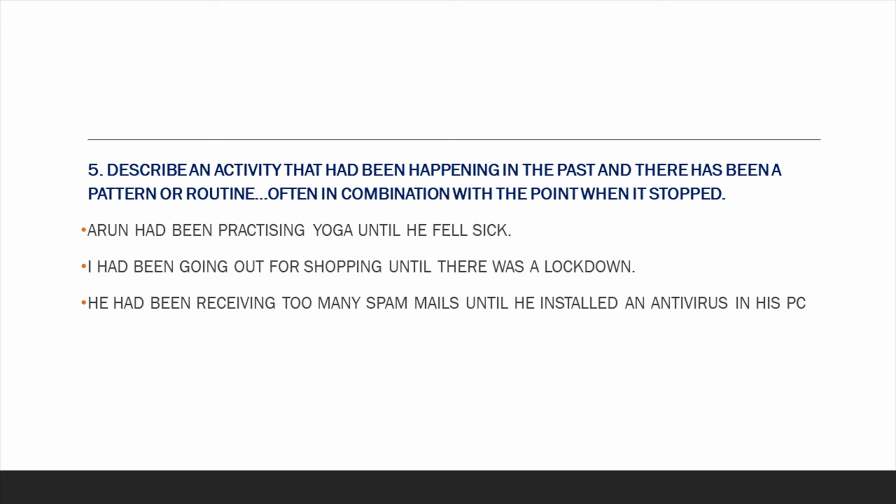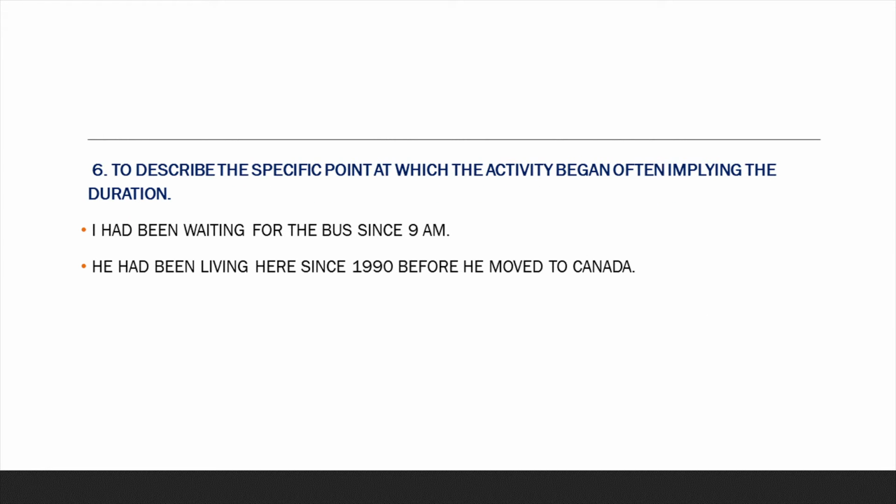He had been receiving too many spam mails until he installed an antivirus in his PC. So that was a continuous activity. There was a pattern. Every single day, there were too many spam mails. When did that stop? When he installed an antivirus in his PC. So this is how you can explain. Let's go to the next one.